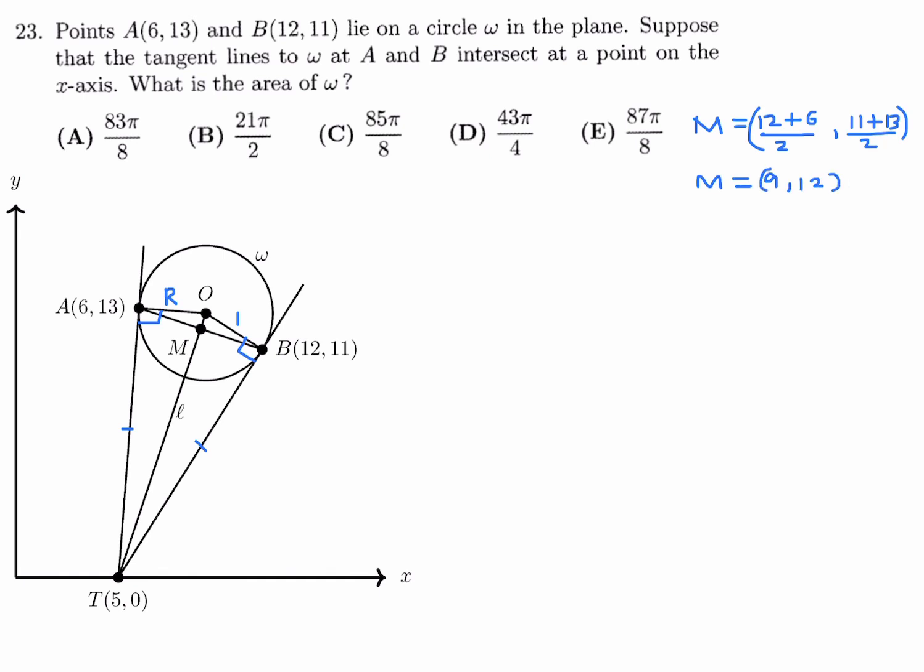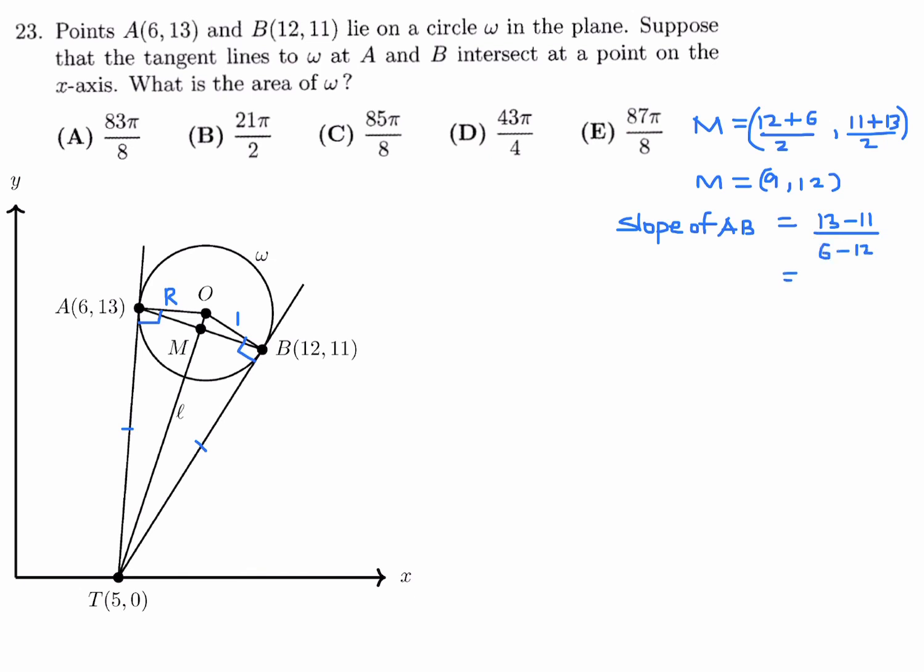Now what I want to do is figure out the slope of that line, and then that will help me figure out the slope of a line that's perpendicular to it. So the slope of AB we can get from rise over run, of course. So the rise would be 13 minus 11, and the run would be 6 minus 12.